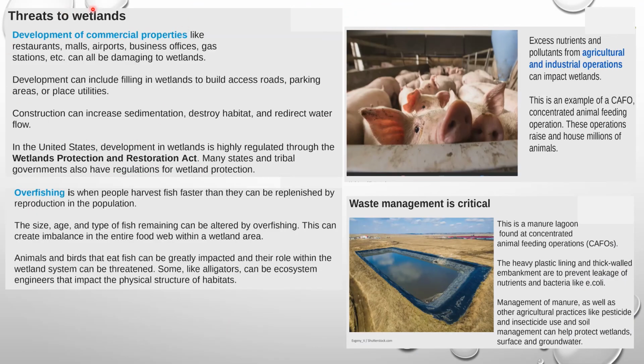So as I said, development is one of the big threats to wetlands. So we even take down wetlands. We've done it in Harford County. We've taken them down in order to put a building or a road up. But luckily, we have the Wetland Protection and Restoration Act. So if a wetland has been damaged because of anthropogenic causes such as road building, the company, let's say, that built the road or that put the building in is now required to put a man-made wetland that is the same size or bigger anywhere nearby, and they have to pay for the whole thing.